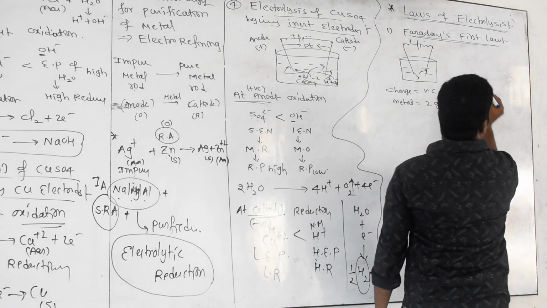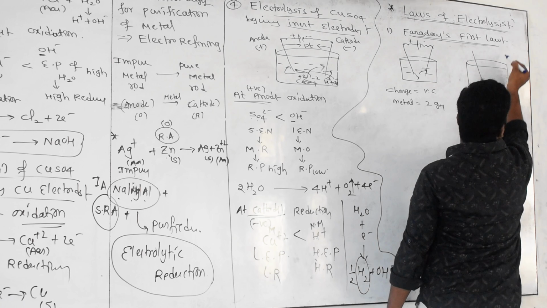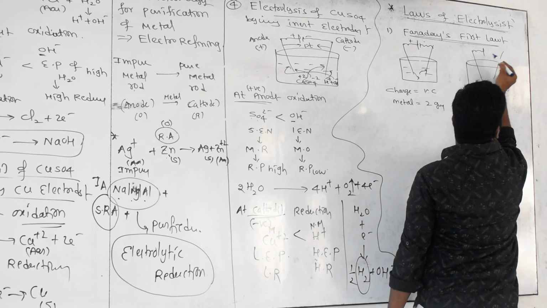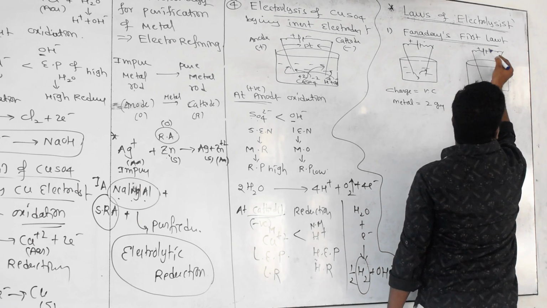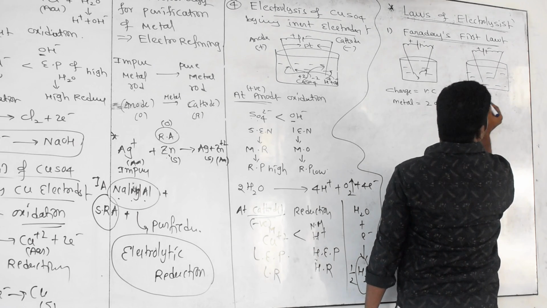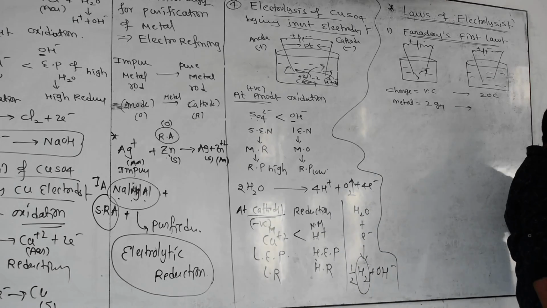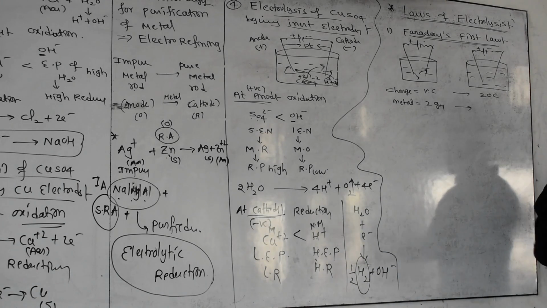10 coulombs. Now I am taking the same solution and the same electrodes, but I am changing the battery. This is plus, this is minus. Now I am sending a charge of 20 coulombs. Is there any change in the mass of the metal dissolving or depositing?